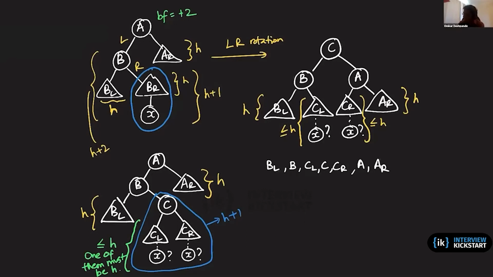It would be 0 or +1. Likewise, for A, it doesn't matter whether the balance factor is 0 or -1, it would still be permissible. For C, the new balance factor is going to be h+1 on the left minus h+1 on the right. So that's 0. So in terms of balance factors, things are working out.